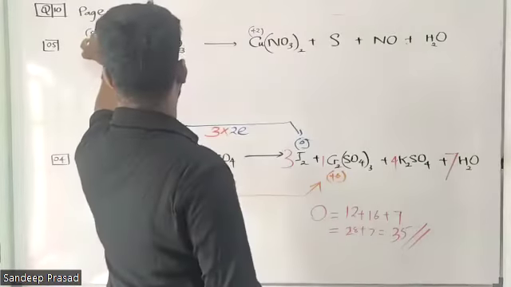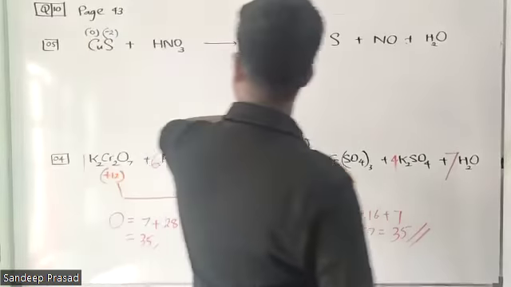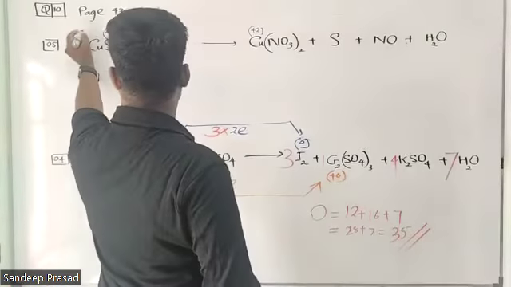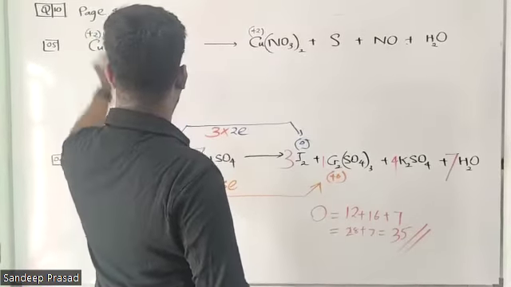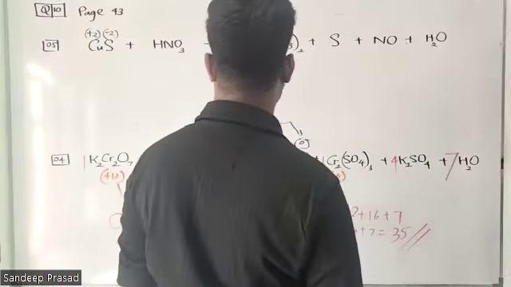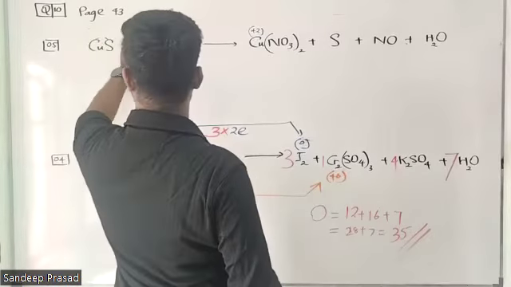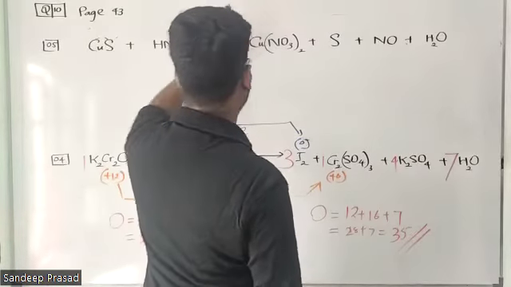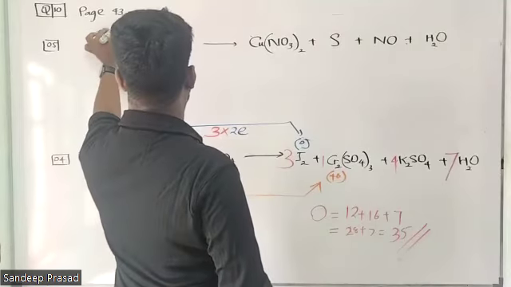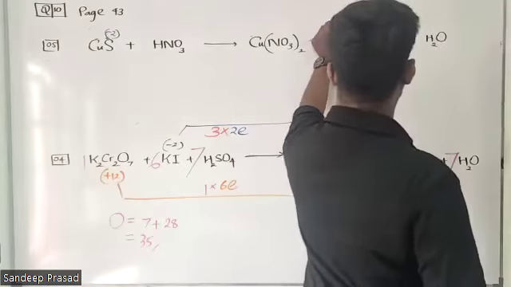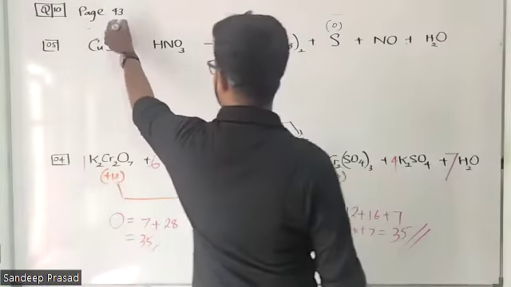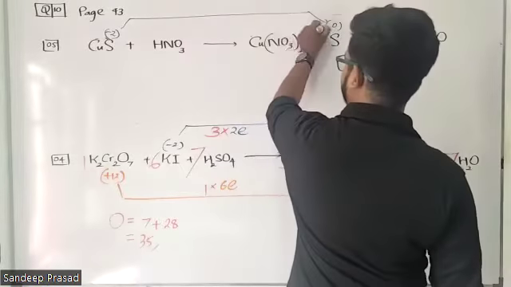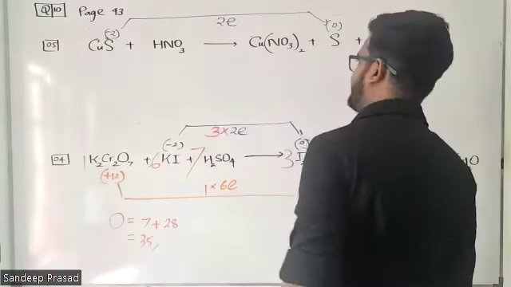And one more thing, sulfur's oxidation number here -2. Sorry, this is +2 to... copper's oxidation number is not changing, +2, +2. But sulfur's oxidation number -2 here, 0. Therefore, the oxidation is taking place on sulfur, 2 electrons.